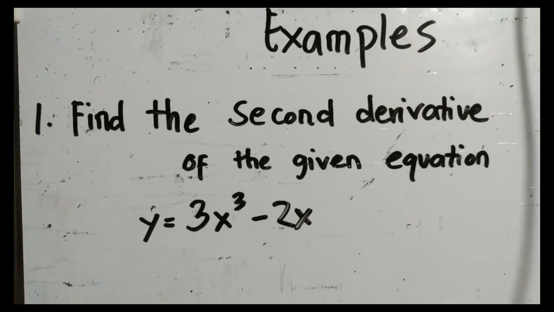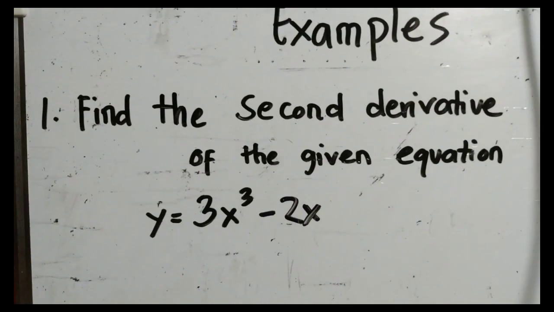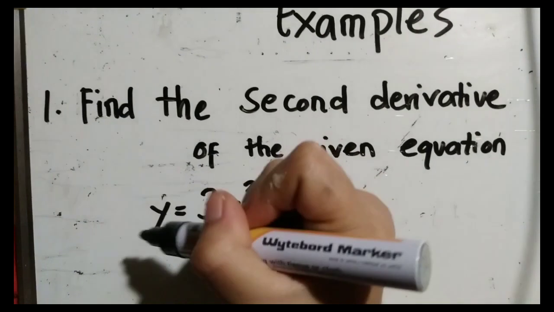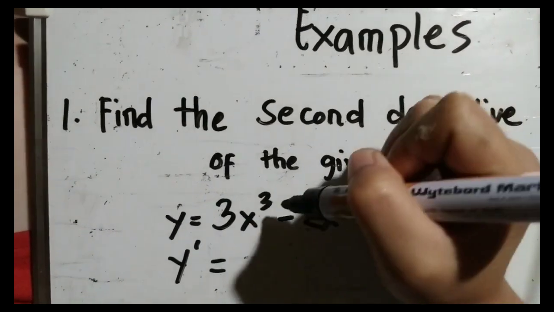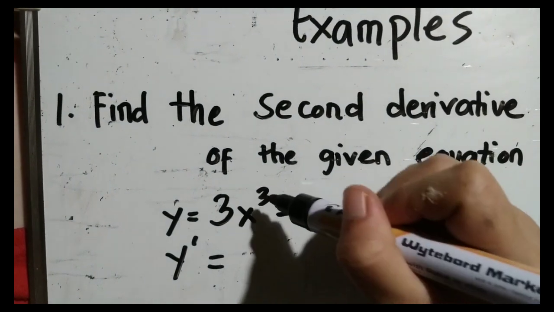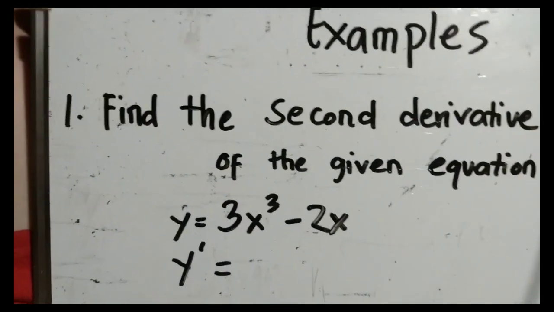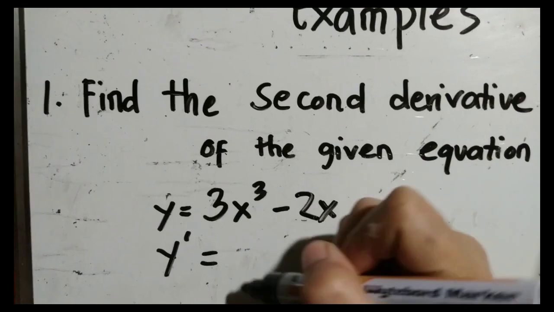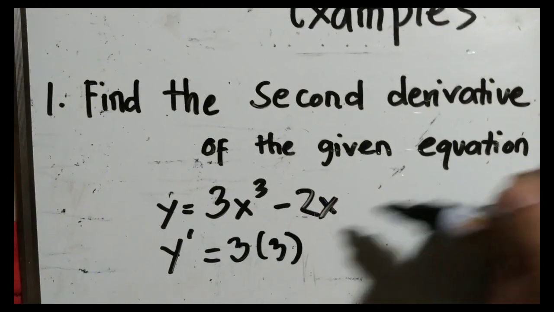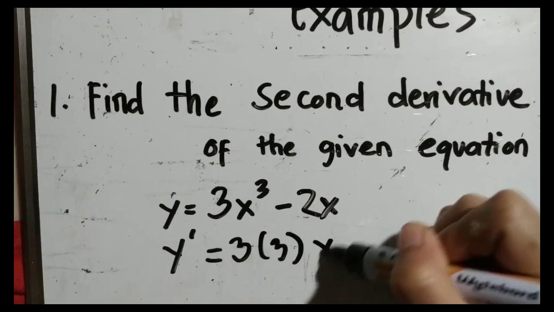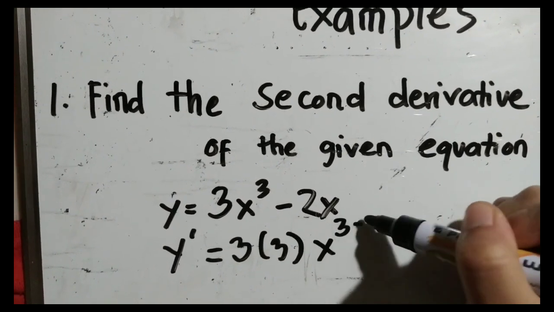First, we're going to find the first derivative. Here we have an exponent. We're going to bring down this exponent, so we have 3 times 3, then x raised to 3 minus 1.